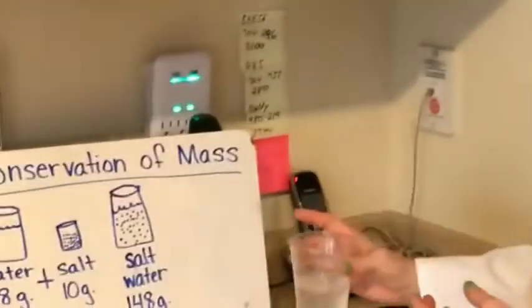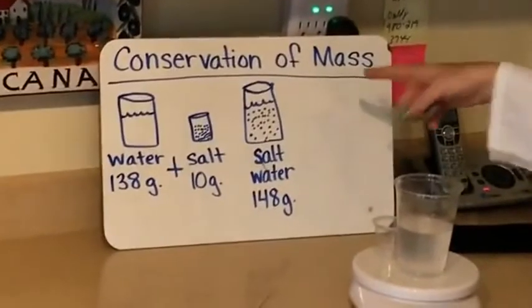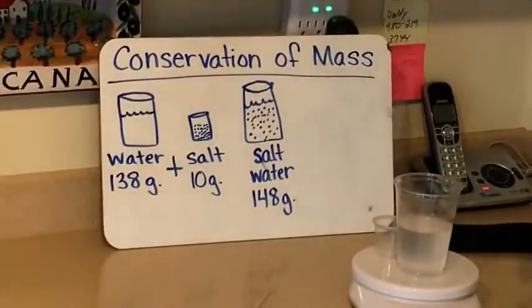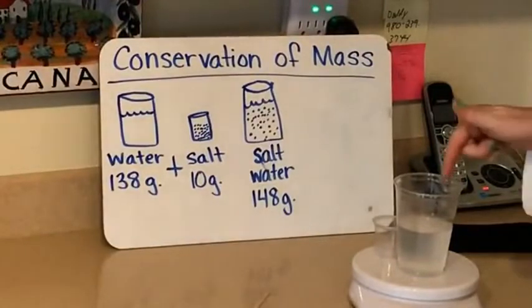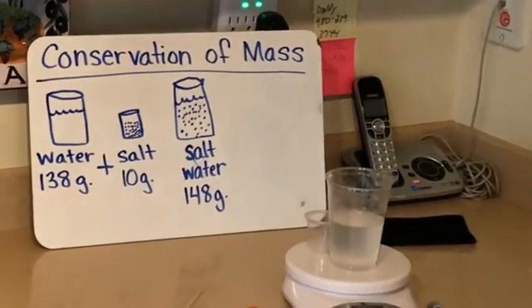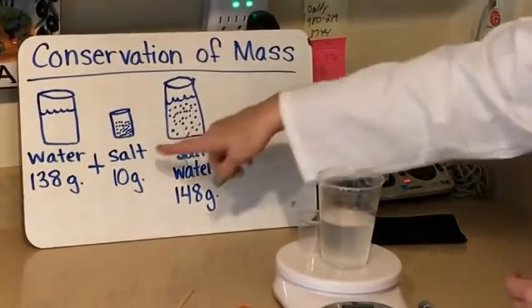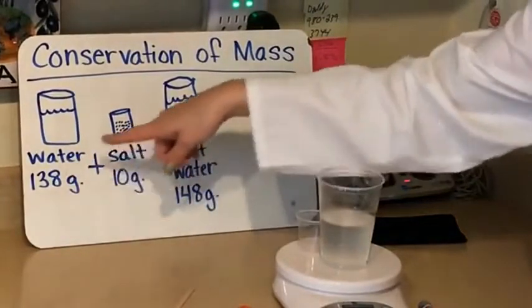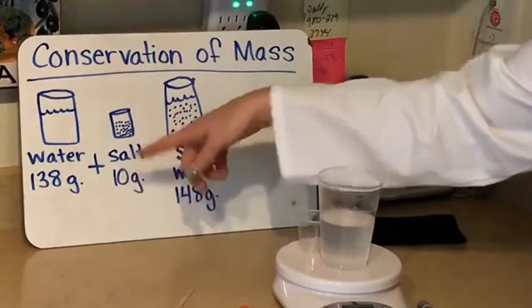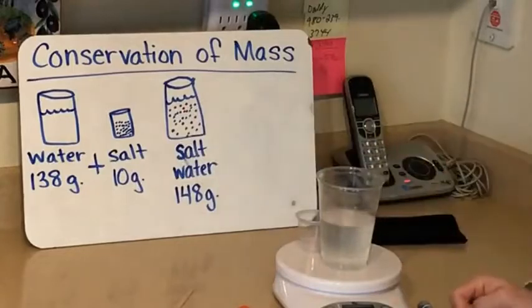I'm not going to, I think that's disgusting. But the mass, or the amount of material inside the matter we're talking about, is still there. It's still inside. We've put it into the water. Even though we don't see the tiny pieces of salt, it's still in the water, and the mass hasn't changed. The mass is still the same of each part, and when we put the two parts together, it just adds up those two weights. So that's an example of conservation of mass.